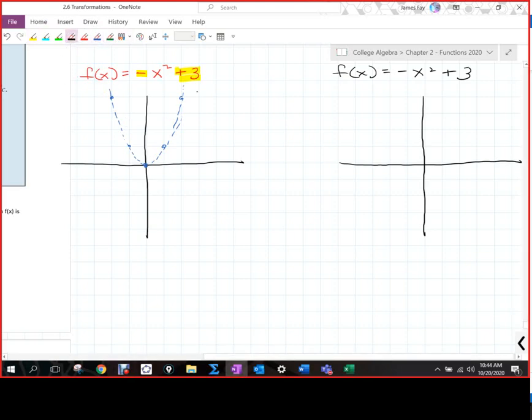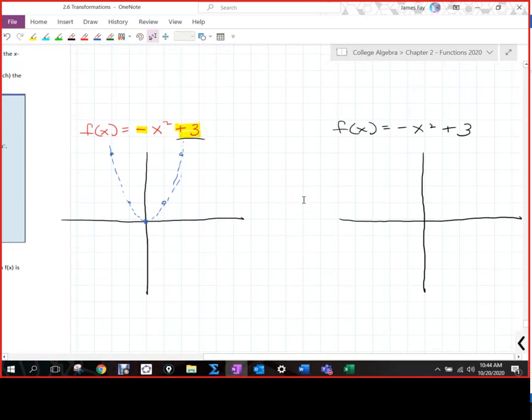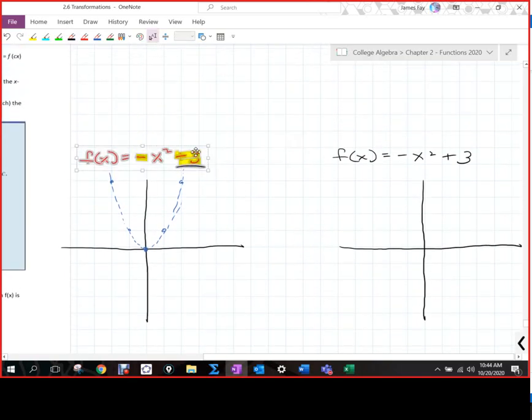So if I plus 3, what have we talked about plus 3 doing to our function? Vertical shift up. So it impacts the y's, right? So every y value on here is going to increase by 3. So this y value here is going to go to 1, 2, 3. It's going to go right there, right? Okay.